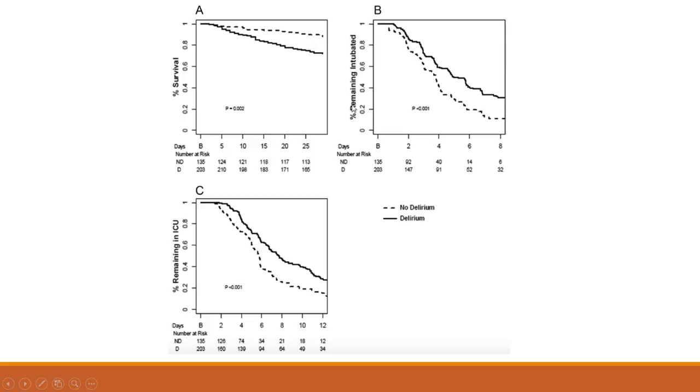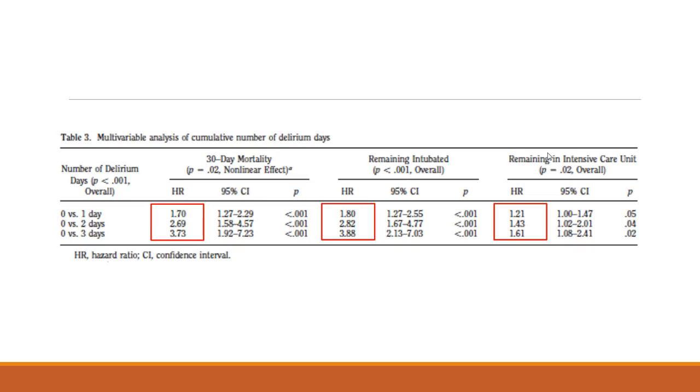This is the duration of mechanical ventilation, and this is the length of stay in the ICU. And there's a clear break in each of those. These are the hazard ratios, and they break them down into delirium on the first day, lasting the second day into the third day, and you see that the hazard ratio significantly increases as each day goes along.